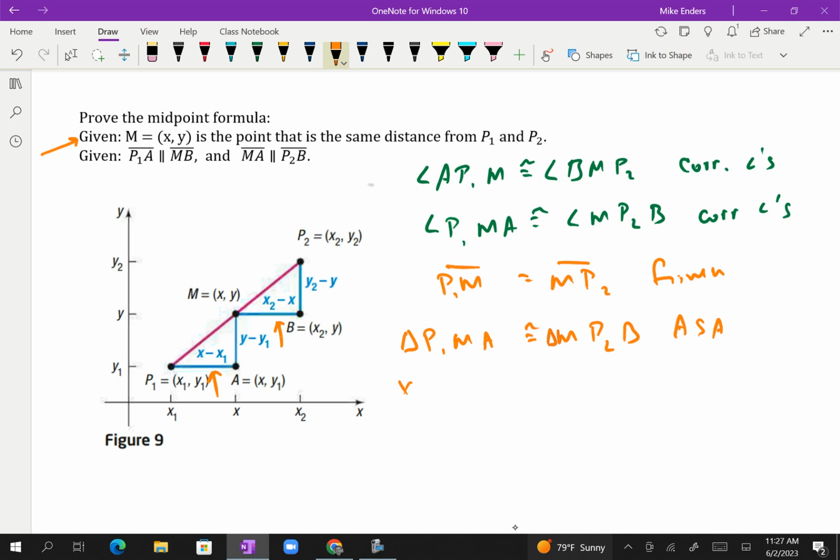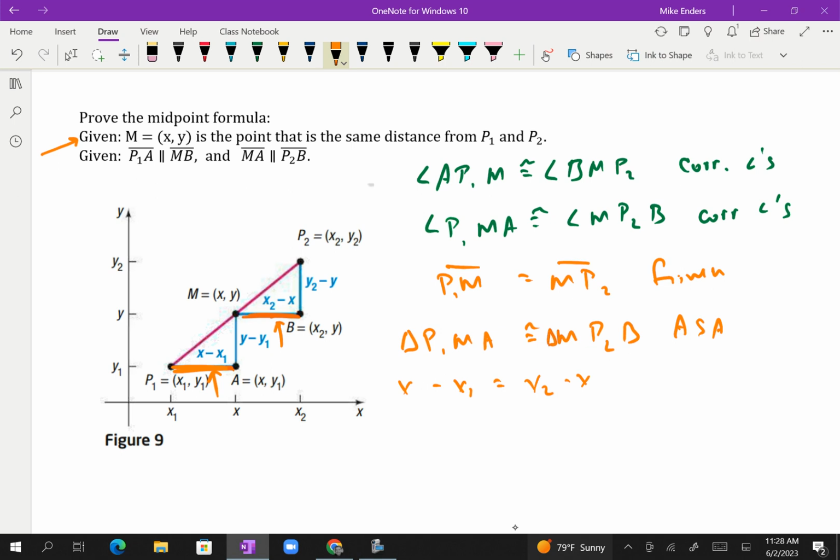So what is the length of that side? That is x minus x1 is going to equal x2 minus x. x minus x1 is the length of this piece, and x2 minus x is the length of that one. Oops, I reversed those, so let's do x2 minus x just to be a little more consistent.